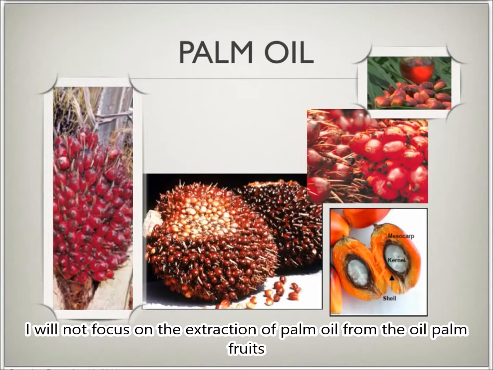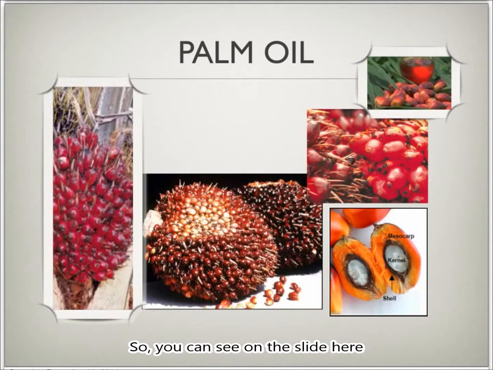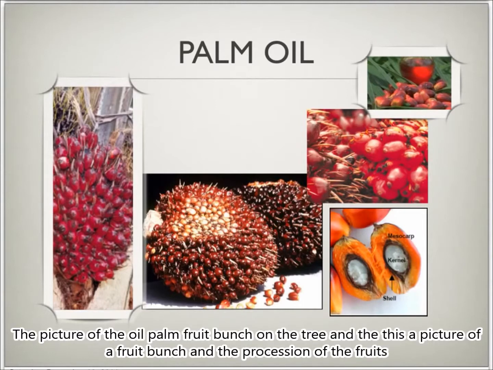I will now focus on the extraction of palm oil from the oil palm fruits. So you can see on the slide here the picture of the oil palm fruit bunch on the tree, and this is a picture of the fruit bunch and the cross section of the fruits.